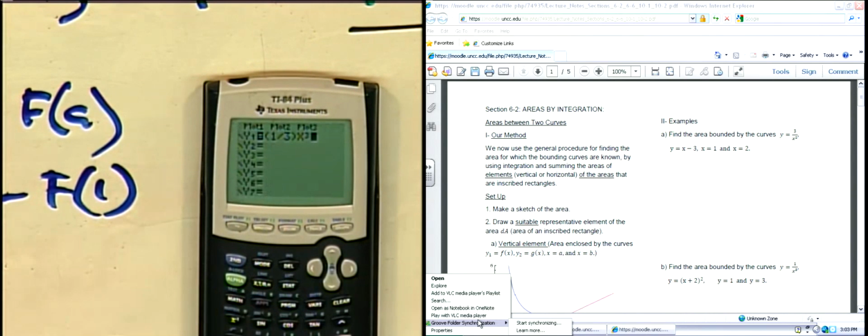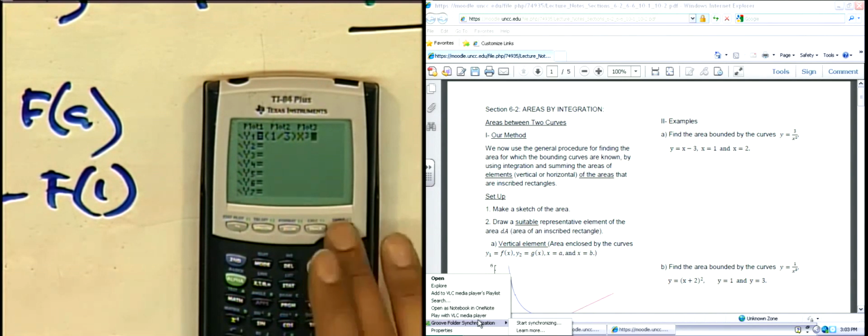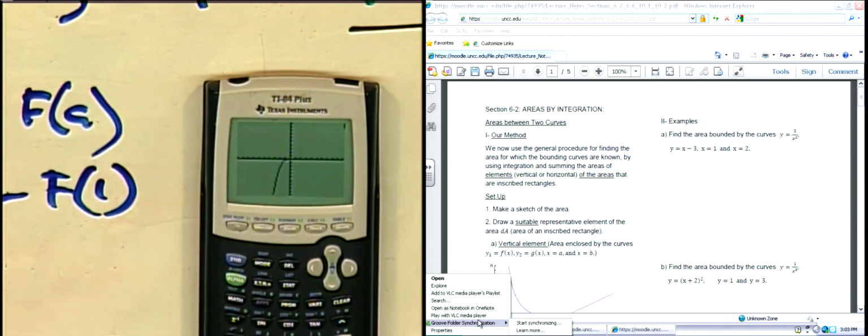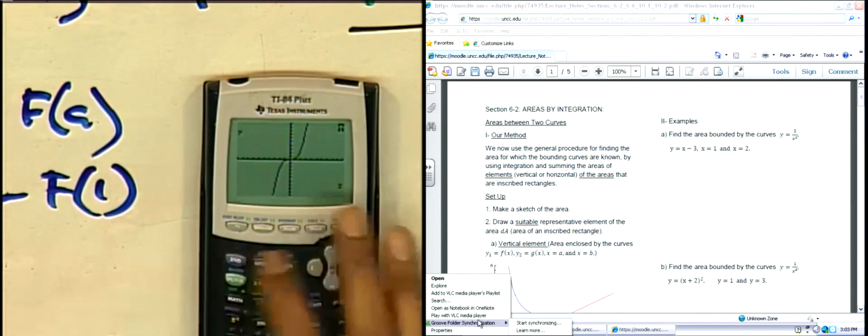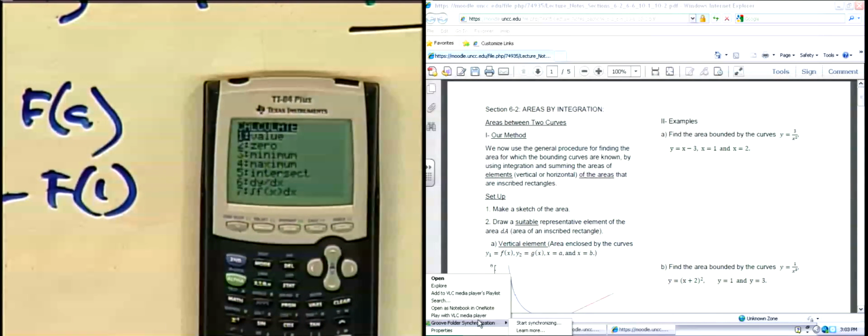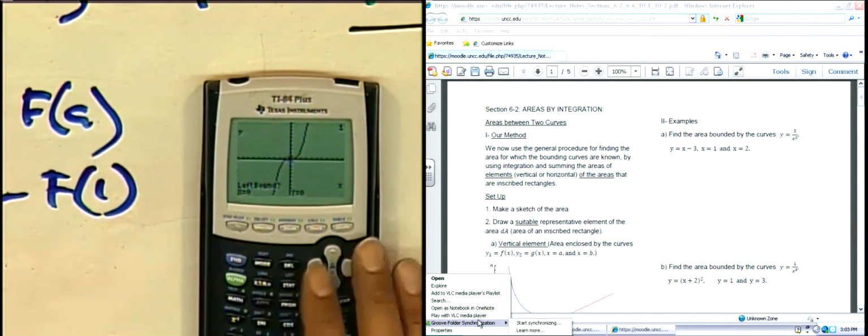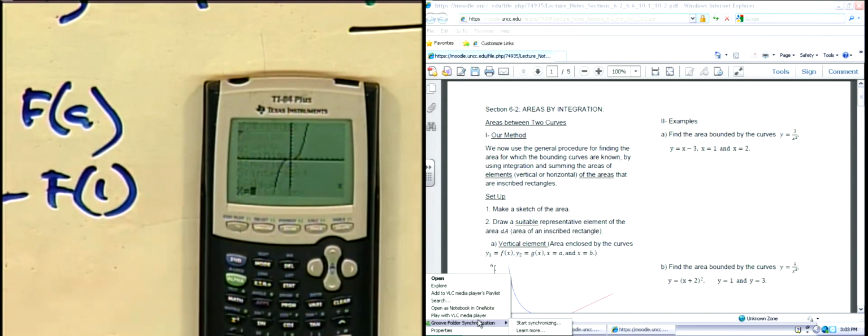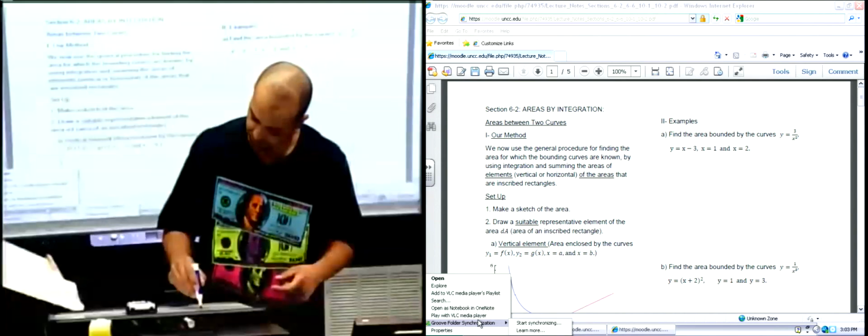X cubed, graph it, find out what 3 plugged in would be. 3 cubed over 3 equals 9, so f of 3 equals 9.